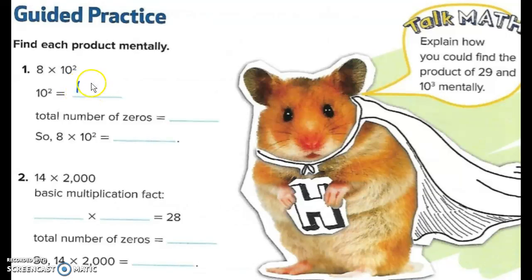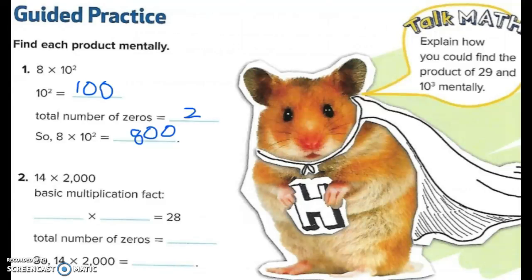Correct. 100 is the answer. There are 2 zeros in 10 times 10. The total of zeros is equal to 2. So 8 times 10 to the power of 2 is 8, and how many zeros? 1, 2 zeros. Excellent.